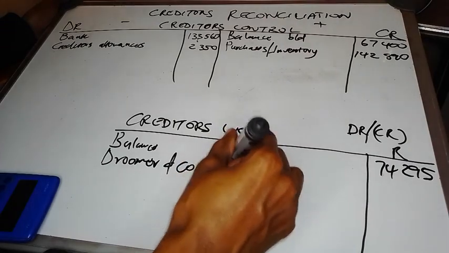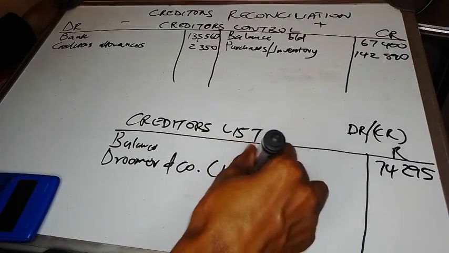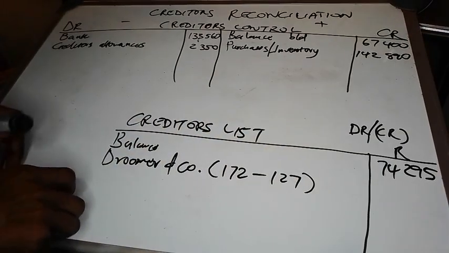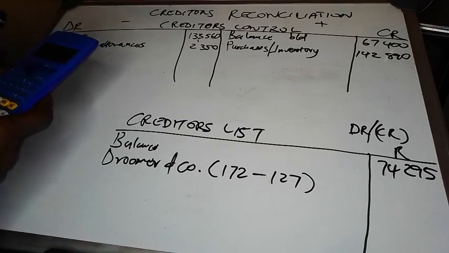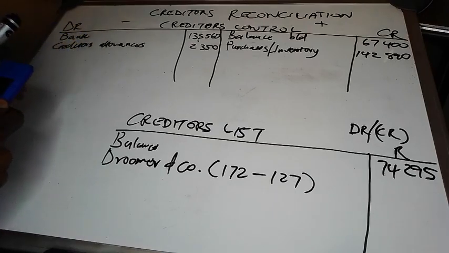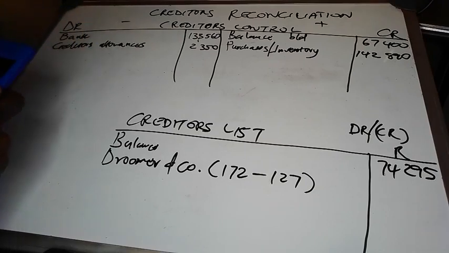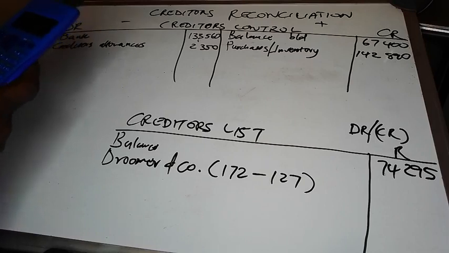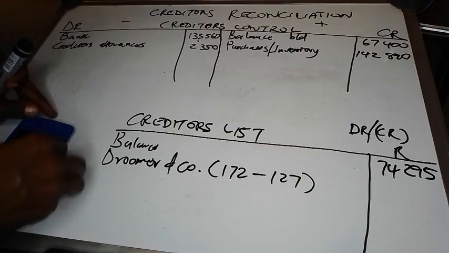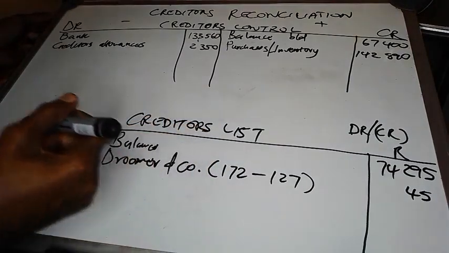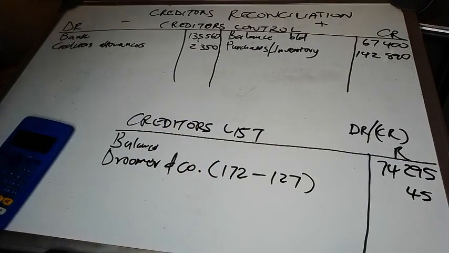The correct amount is 172, but we have recorded 127. So we're going to calculate the shortage. We call it an understatement or undercast, right? So 172 minus 127 is 45. So it means we are going to add 45. It's short by 45.